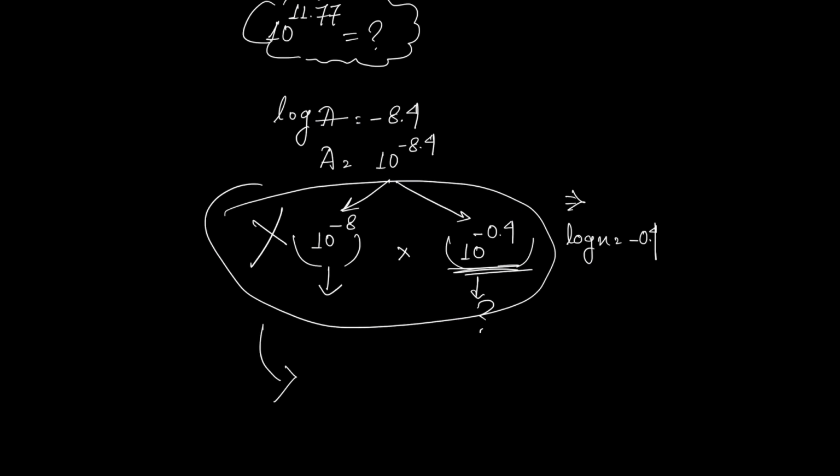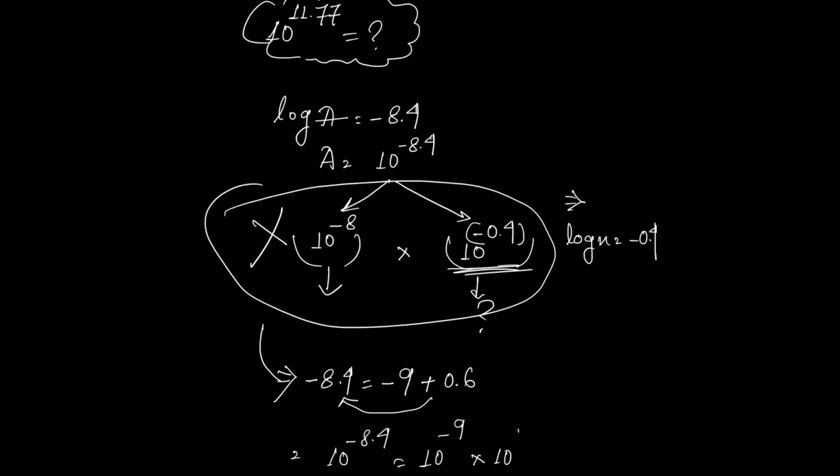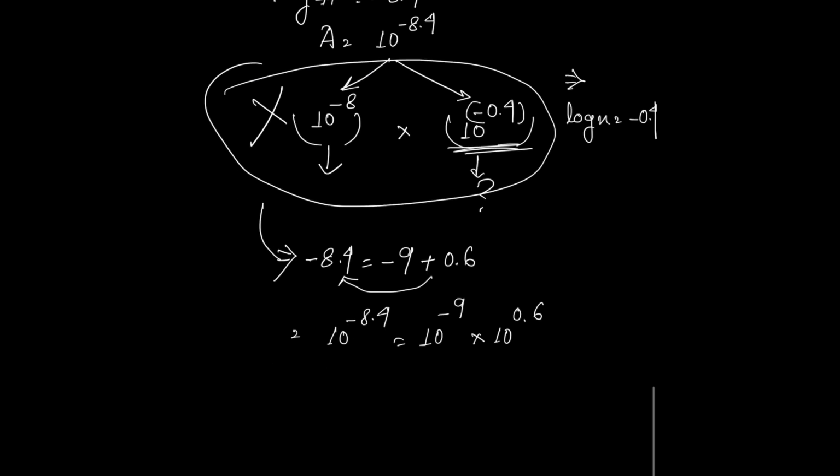There is another process, in which negative signs to the power won't be applicable. What we have to do is take the decimal portion in a positive format. So we will write minus 8.4 as minus 9 plus 0.6. I hope it's clear. Both are the same, and we can write that 10 to the power minus 8.4 would be equal to 10 to the power minus 9 into 10 to the power 0.6.